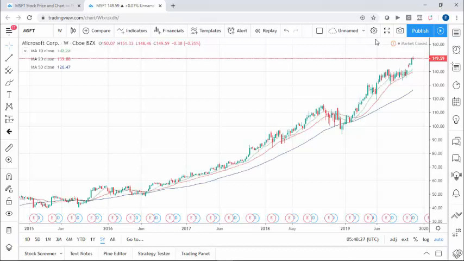So let's take a look at the moving averages here, and no surprise, once again, all of the moving averages are in line.